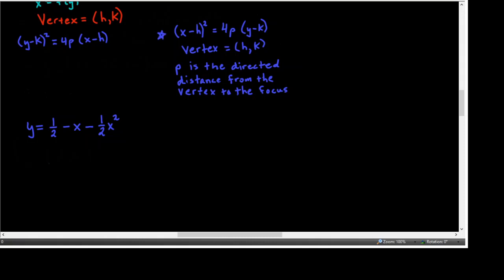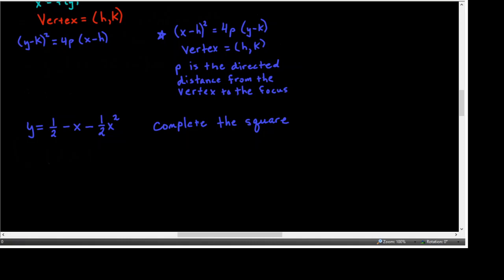And one of the major tools we use, even for the circle, which I didn't show you an example of, but even with a circle, to get that binomial squared, you're going to have to remember how to complete the square, which is an algebraic thing that you learned way back in college algebra, and maybe before that in high school. But you're going to have to complete the square. Big topic in the conic sections. So let's talk about how to do that.